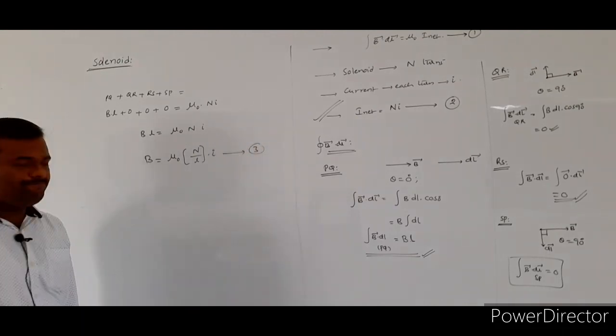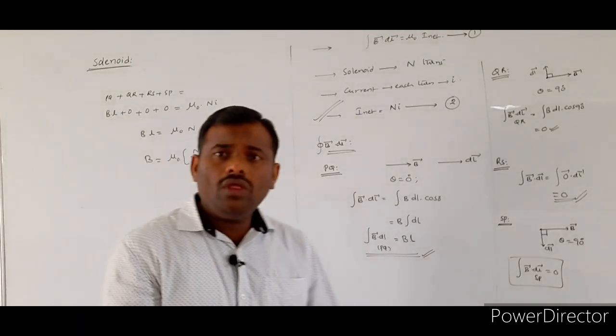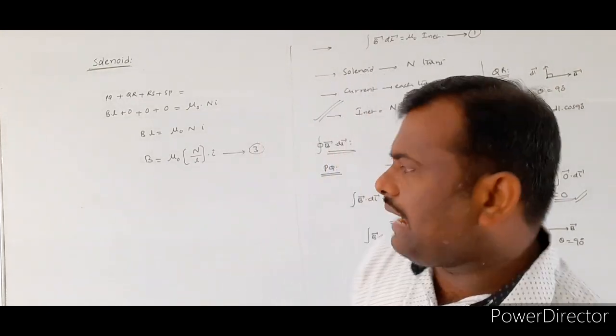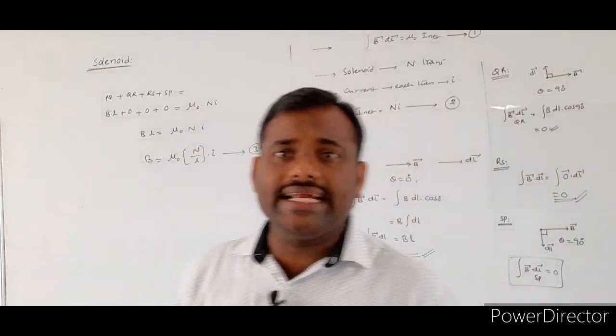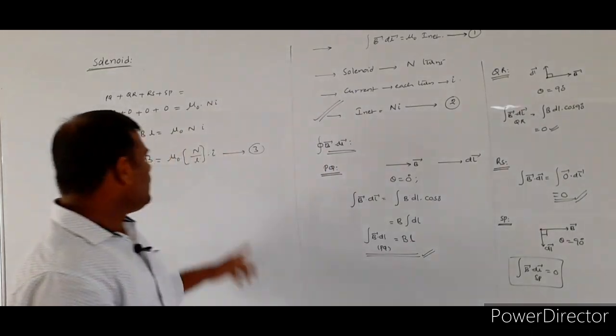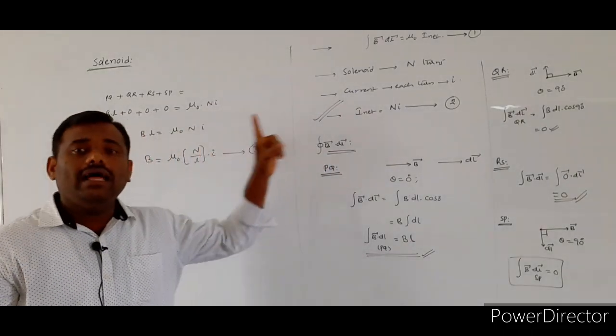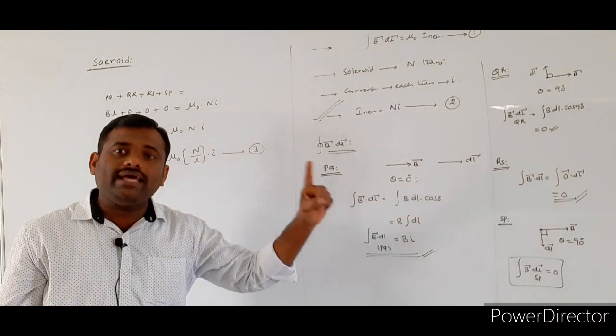Equation number 3. Here, what is the capital N? Capital N is indicating the total number of turns, and the small l is indicating the length of the solenoid.